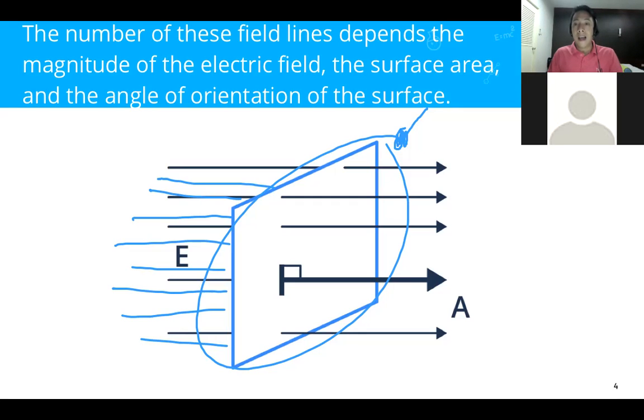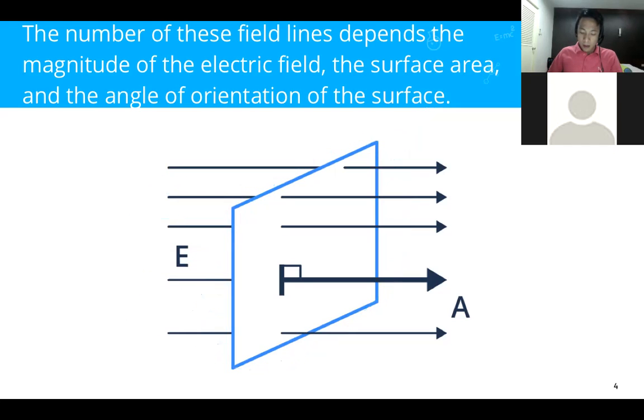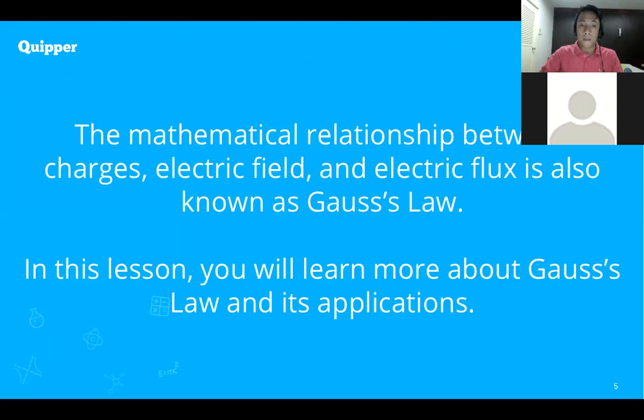It depends on the surface kung gaano kadami, okay, at gaano kalakas the density, the magnitude of the electric field. Okay? So the mathematical relationship between charges, these are the positive and negative, right?